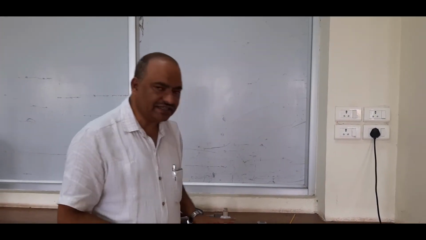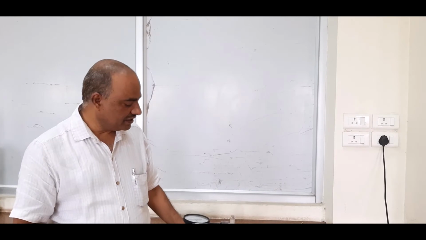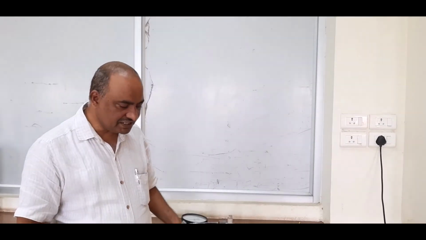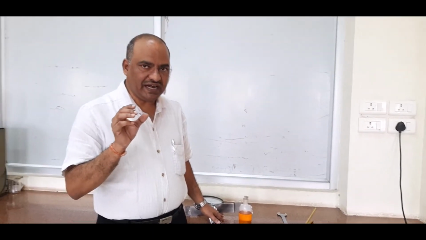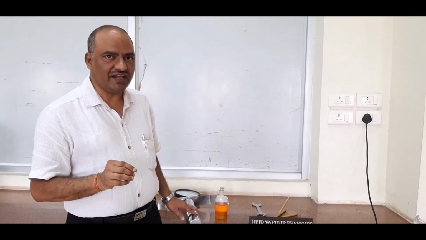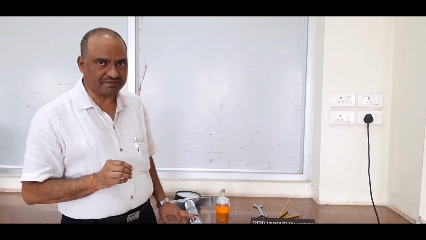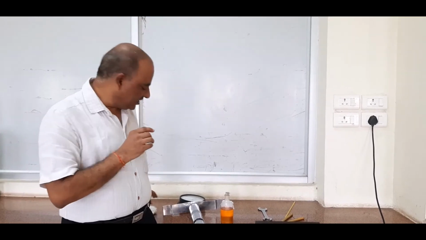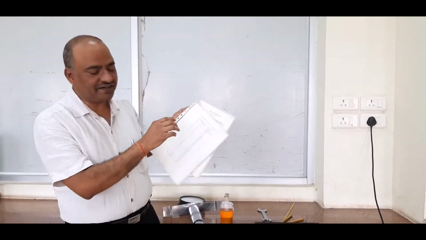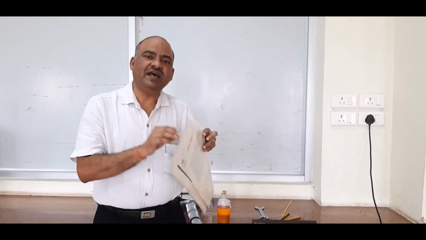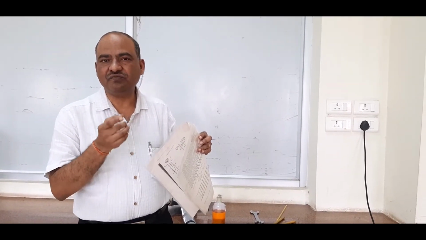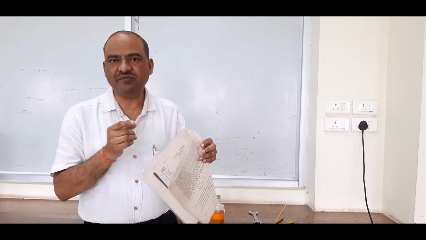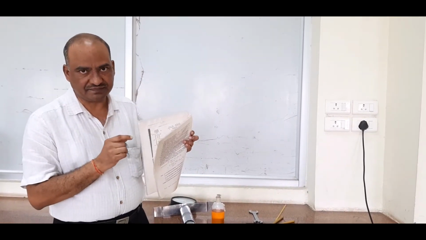If we are heating this assembly from room temperature to 37.8 degrees Celsius, that water vapor and air is also being heated along with the sample, the test specimen. So by calculating this correction factor, we are nullifying the effect of the rise of pressure of water vapor and air. That's why we are calculating this correction factor.